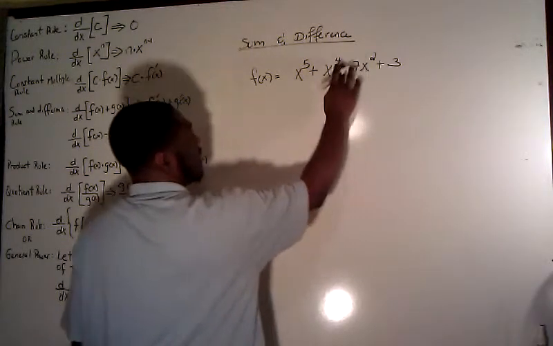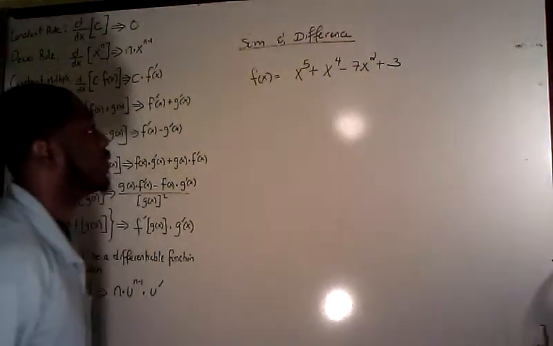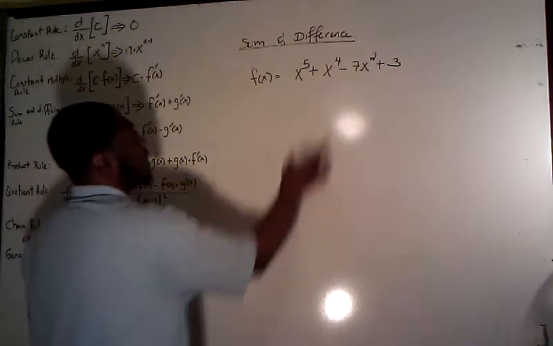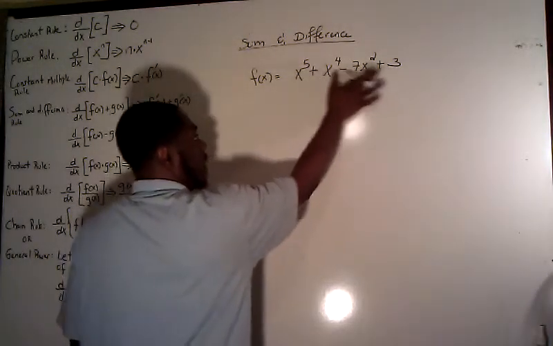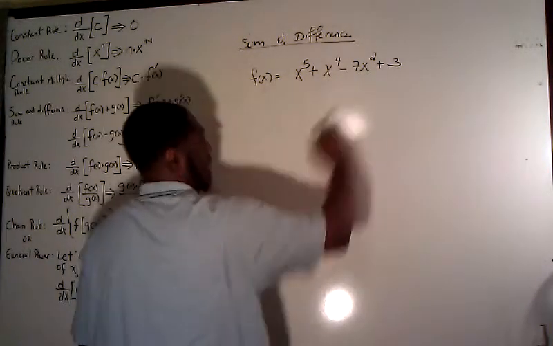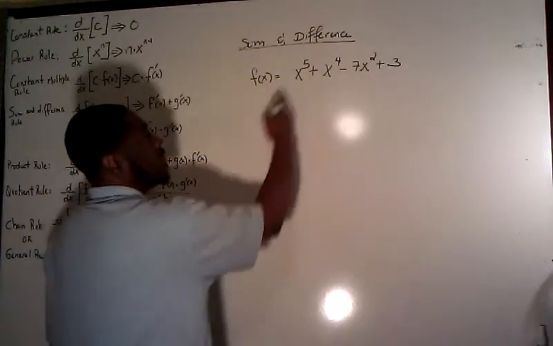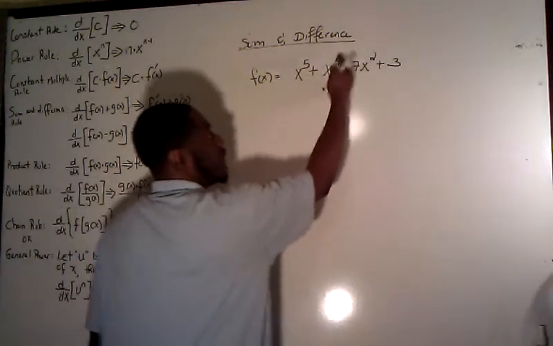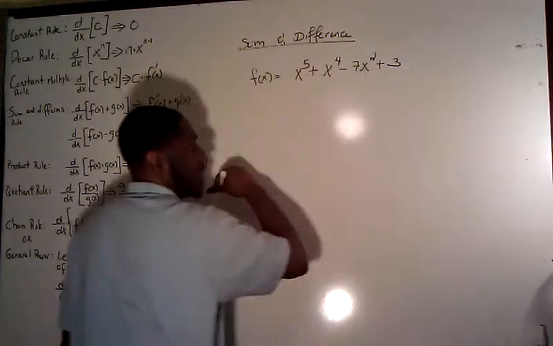Let's leave it as a difference there so that we can illustrate both the sum and difference. All the rule is saying is if you have a sum of functions which composes one big function, you can take the derivative by just taking the derivative of each component of that sum or difference.